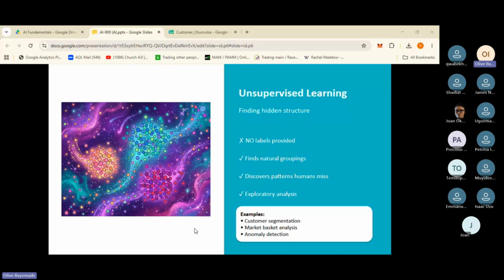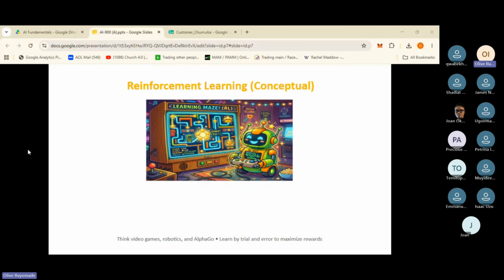So our reinforcement learning, I had mentioned that that's like with our games. The AI or the model learns through rewards and penalties. So it's like training a dog with treats. Those people that give their dogs bones: if the dog is well behaved, you give it a bone.